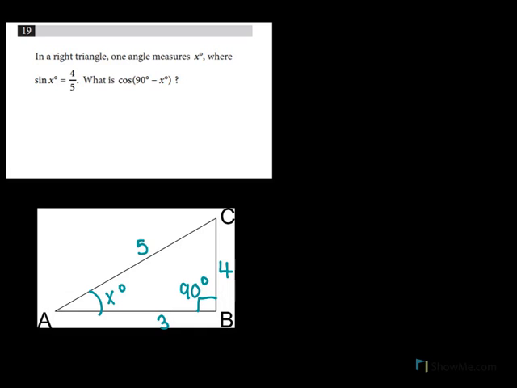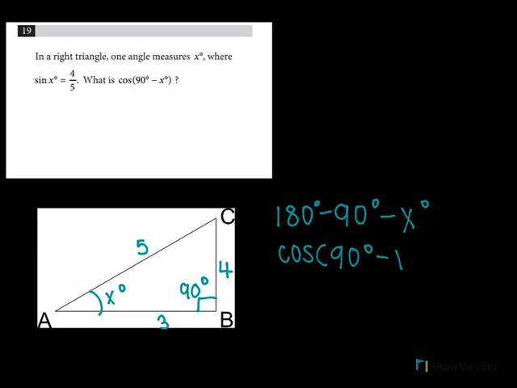So all we need to do is subtract 180 degrees minus 90 degrees minus x degrees, which would be the 90 degrees minus x degrees as in the cosine 90 degrees minus x degrees.